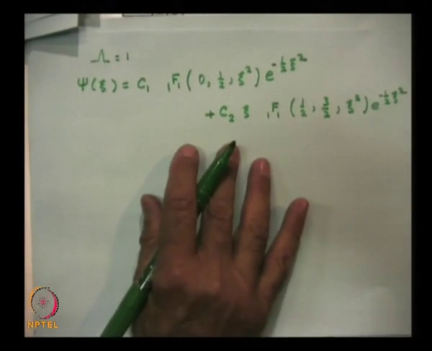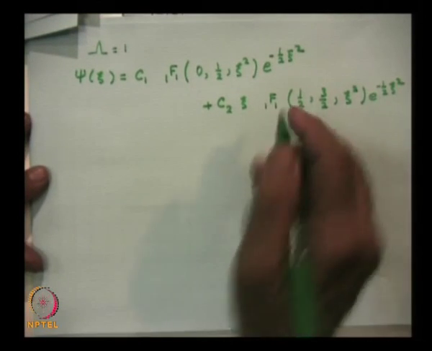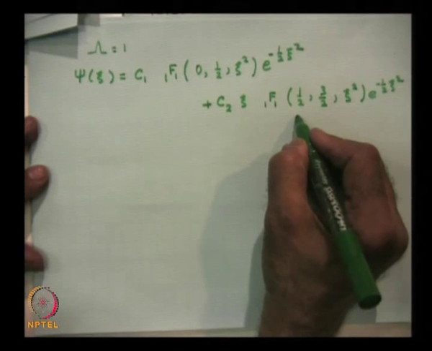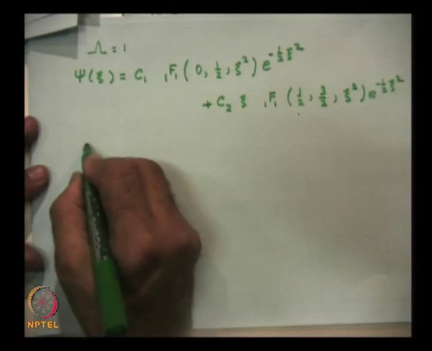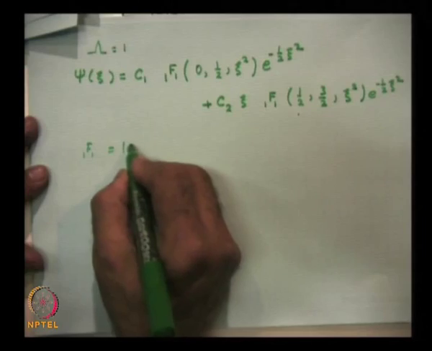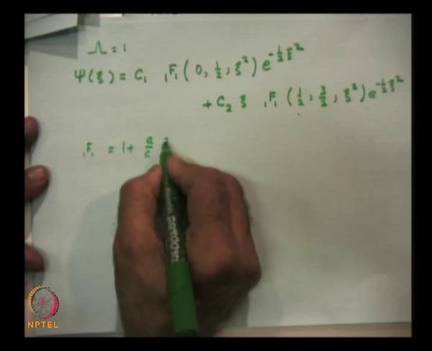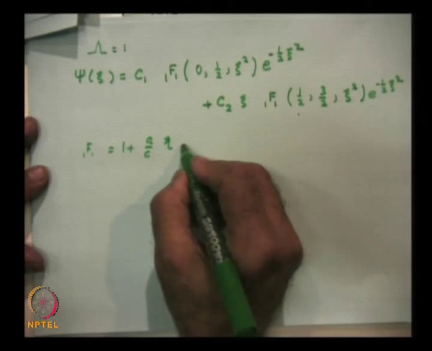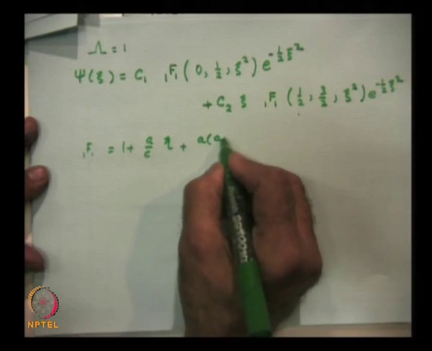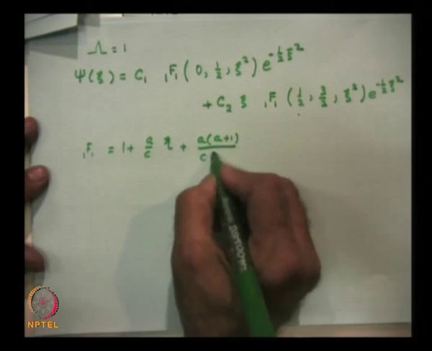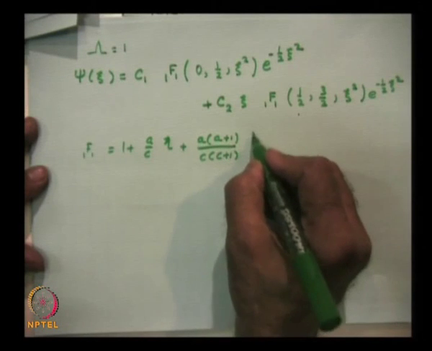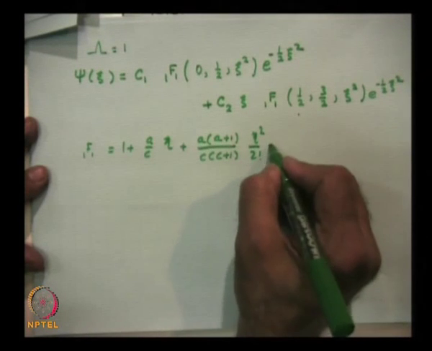Now, you see here a is half, and as you know F11 is equal to 1 plus a by c x, sorry, here xi square, that is eta by factorial 1, a into a plus 1 into c plus 1, eta square by factorial 2.